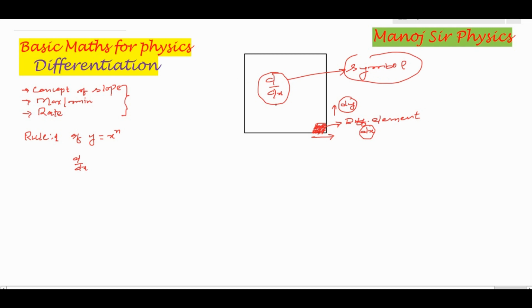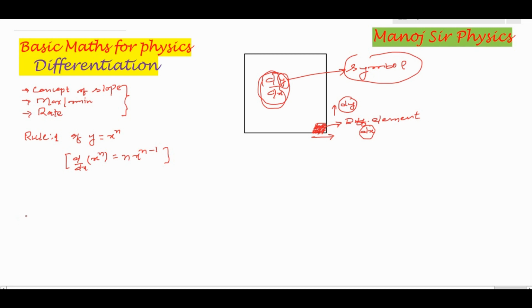Any function you are writing, you have to write over here. And this is the whole symbol. Don't cancel d. This d by dx is the symbol. Now d by dx of x raised to power n is equivalent to n x raised to power n minus 1. This is the rule you should remember.